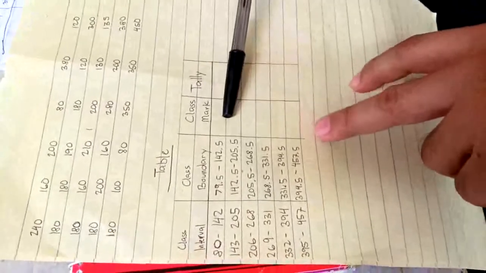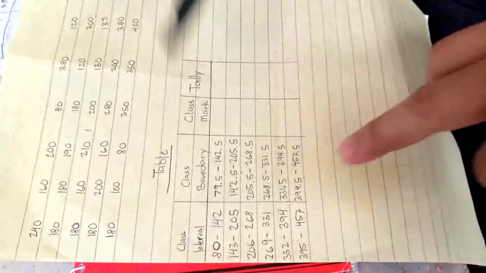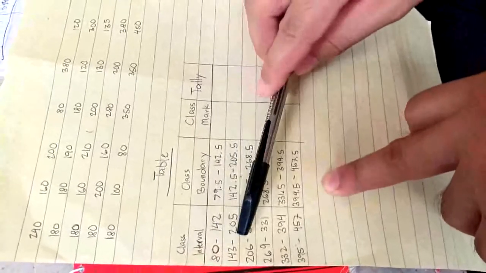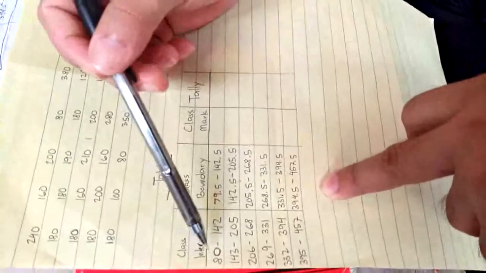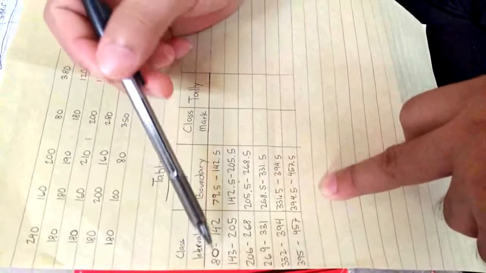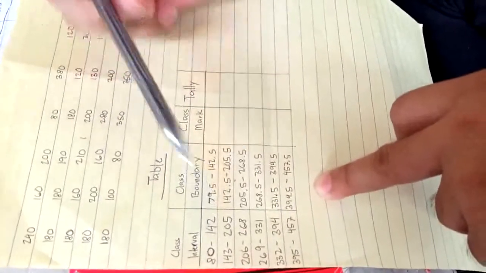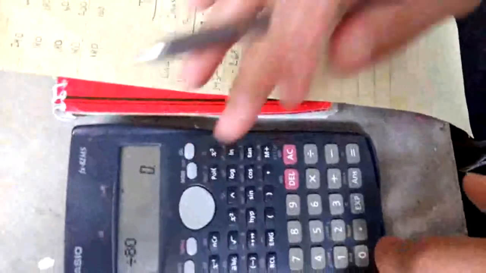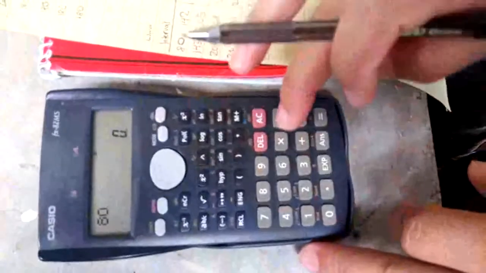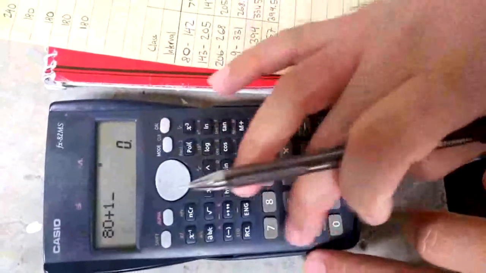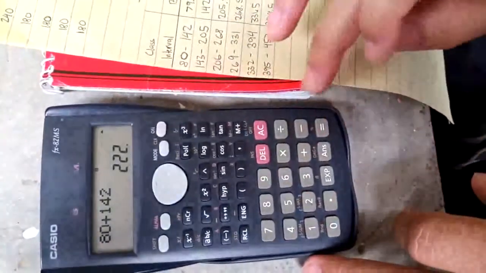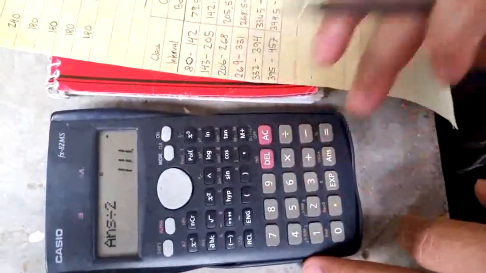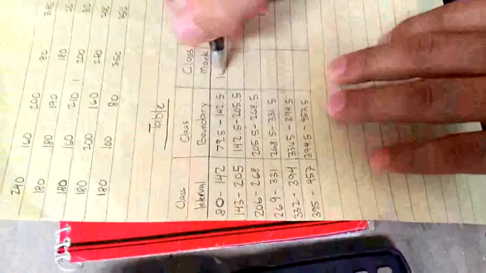Let's proceed to the class mark. In the class mark, we also base on the data of the class interval. We add these two and then divide by 2. So 80 plus 142 equals, then divide by 2, so it becomes 111.